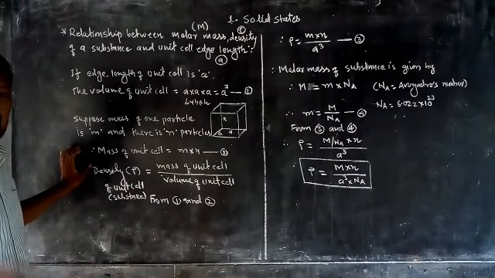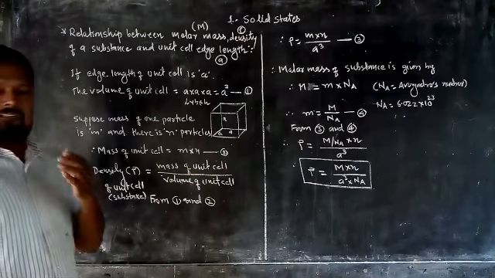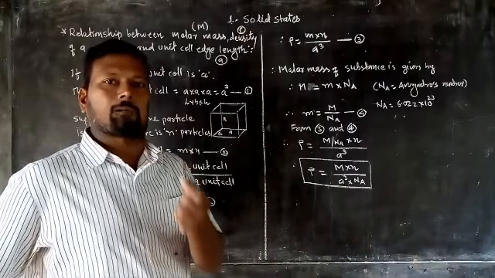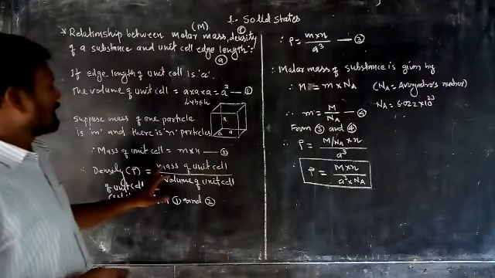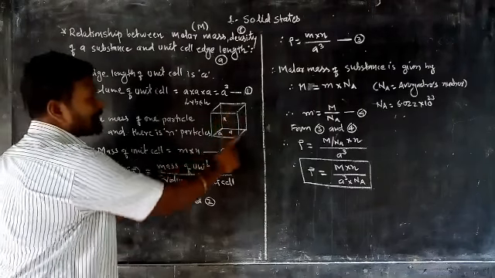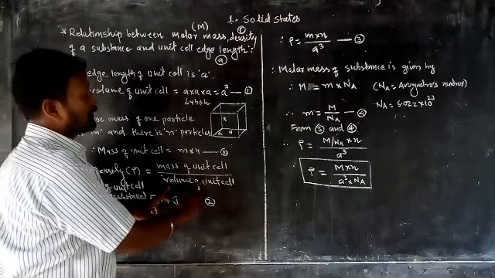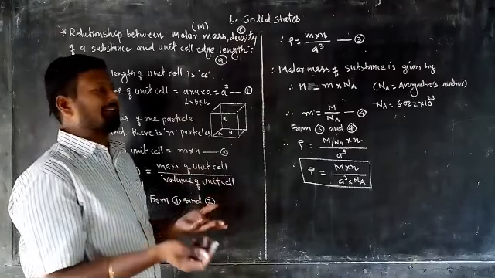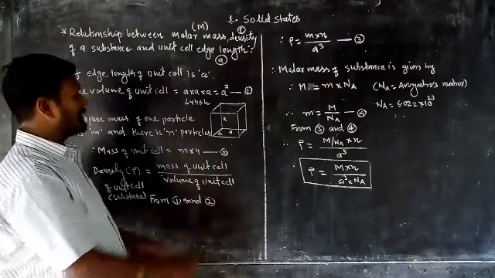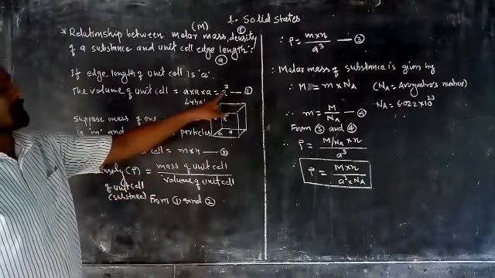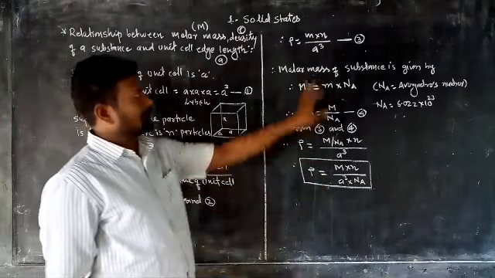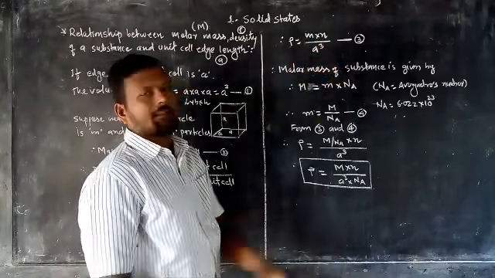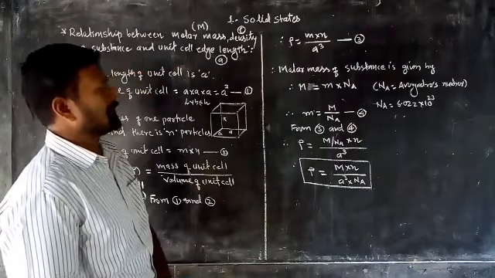When we are going to calculate the density, the formula is mass upon volume. So we need the mass of the unit cell and the volume of the unit cell. The mass of the unit cell is m into n, and the volume of the unit cell is a cube. That's why the density is given as m into n divided by a cube. That is number 3.